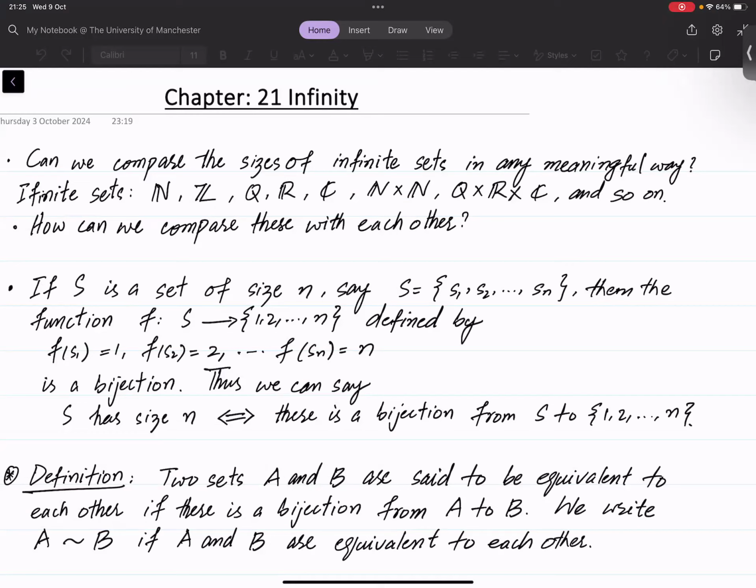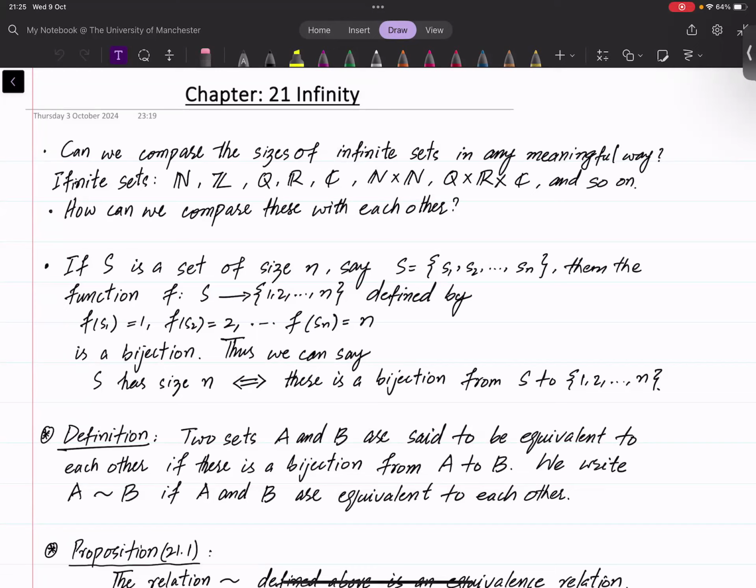The best way is to write it and then explain it to you, but we had some complications in the previous video, so I'm going to read these slides and then we'll talk about the different things in here. Okay, so can we compare the size of infinite sets in a meaningful way?